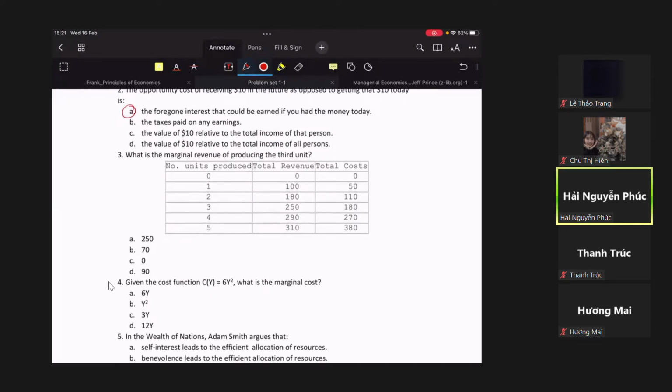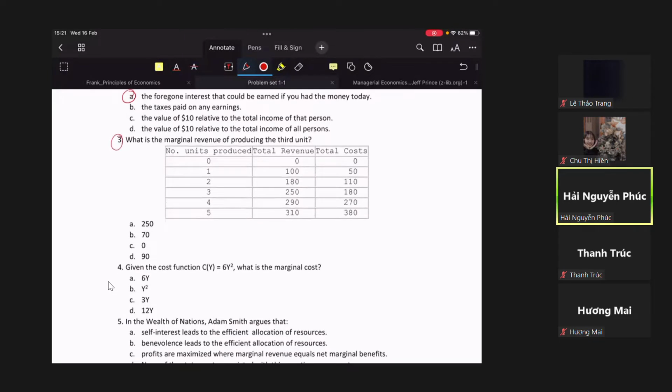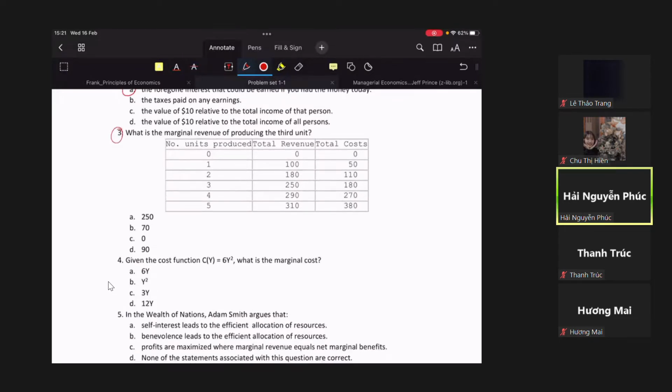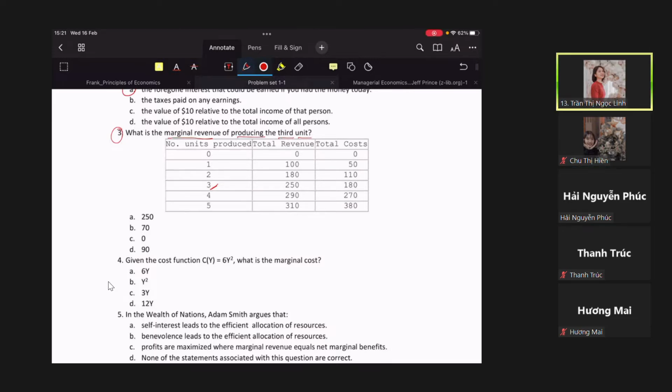Now is the third question. We have a table. And they ask you, what is the marginal revenue of producing the third unit? Yeah, that's correct. It's 70. How do we compute?